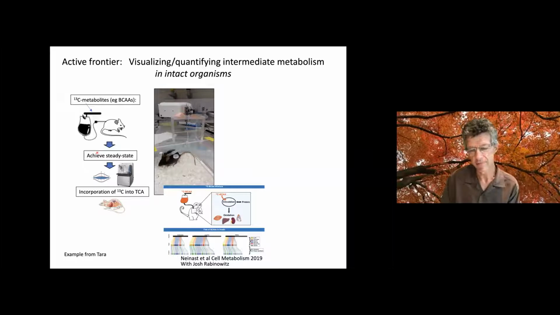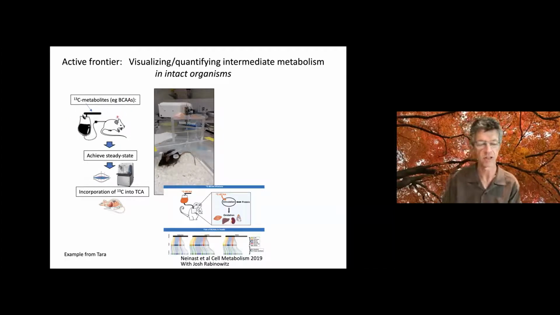We've taken one approach to understand metabolism in the whole body, which others have too, but I think is still very, very rudimentary. You can see this mouse here has 2 catheters that are permanently or semi-permanently placed, one in the artery, one in the vein. And then we can infuse at a steady state level low levels of carbon-13 labeled metabolites, for example, branched amino acids.